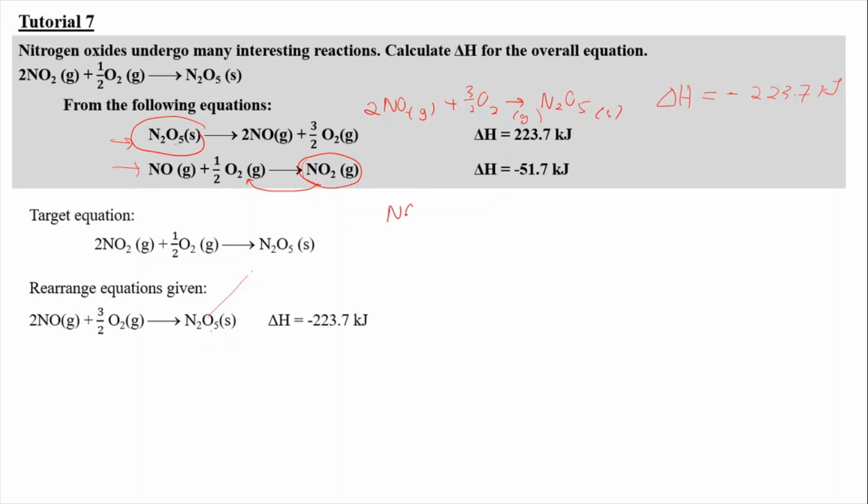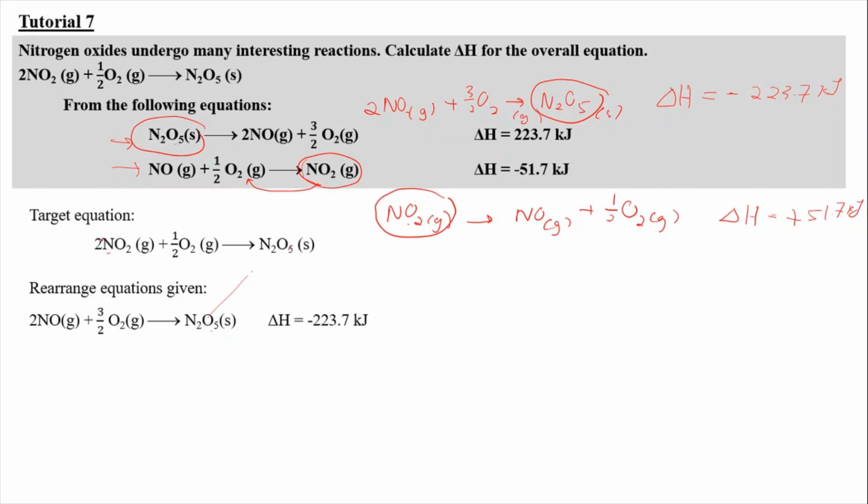So it's going to be NO2 gas equal to NO gas plus half oxygen gas, and my thermochemical equation is going to be, because I already changed the position, right? So it's going to be positive. Okay, positive 51.7.